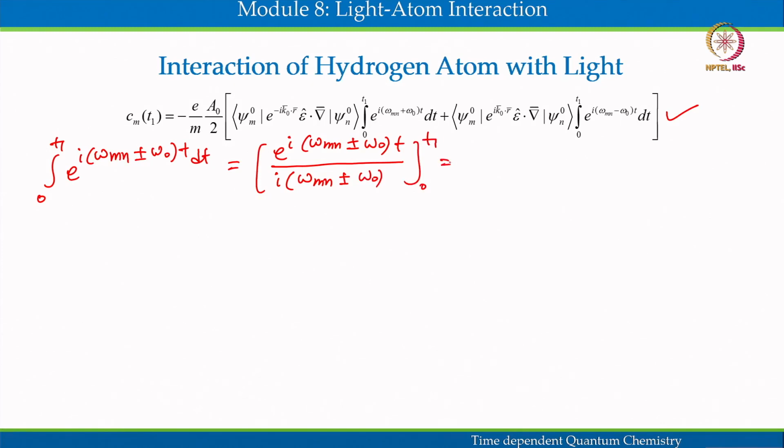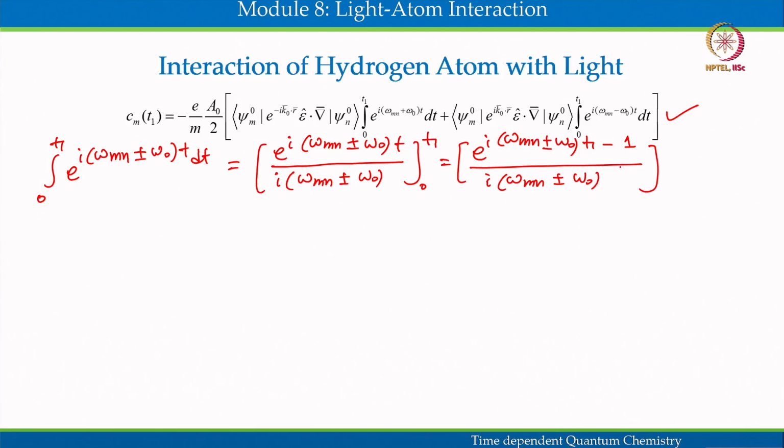So what I get is e to the power i omega mn plus minus omega naught t1 minus 1, divided by i omega mn plus minus omega naught, because if t equals 0, this part is going to be 1.